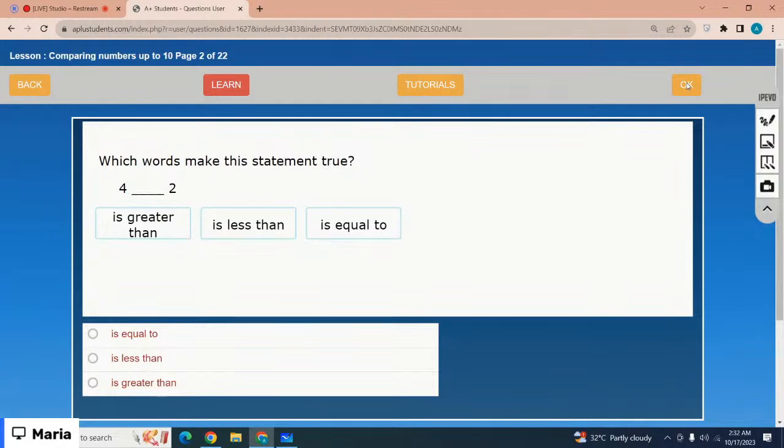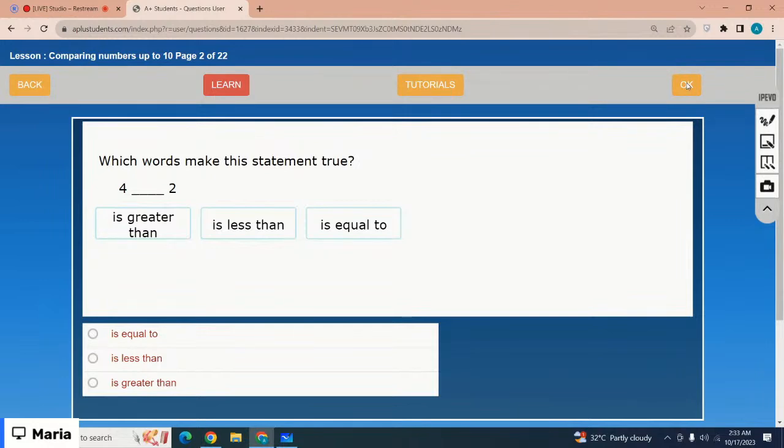Which words make the statement true? 4 and 2. Which is the correct option? 4 and 2, when you are counting, 1, 2, 3, 4. 4 comes after 2, isn't it?